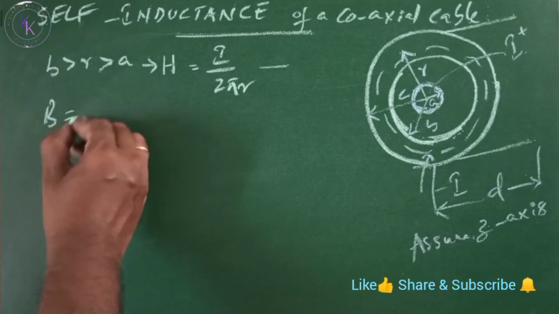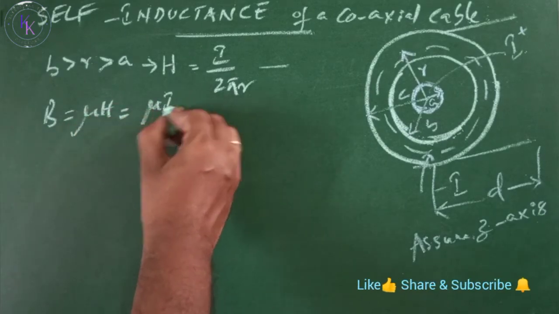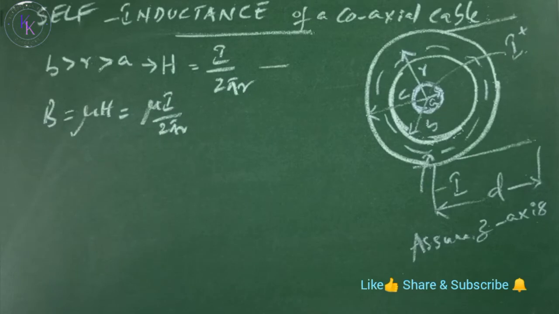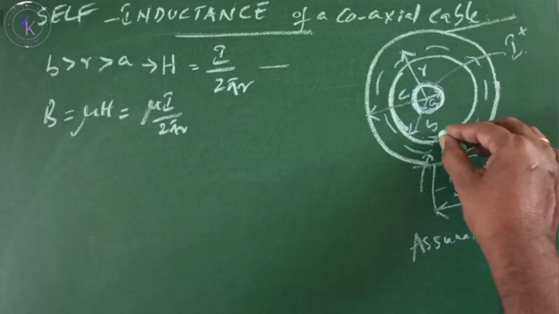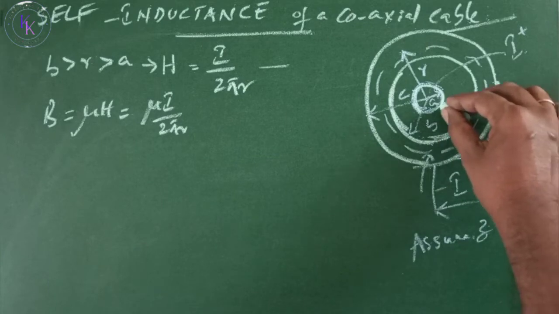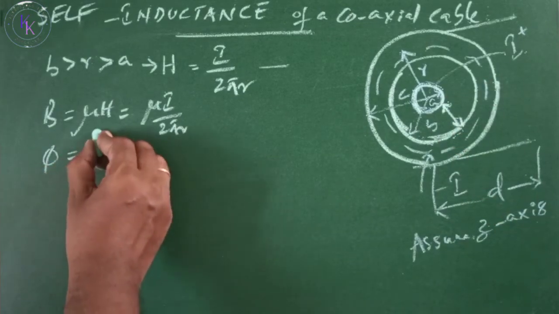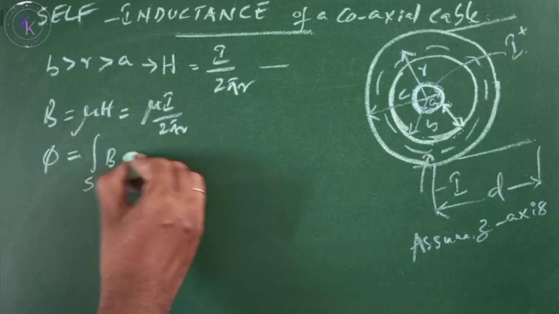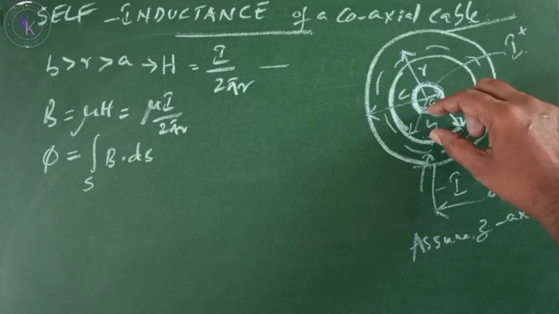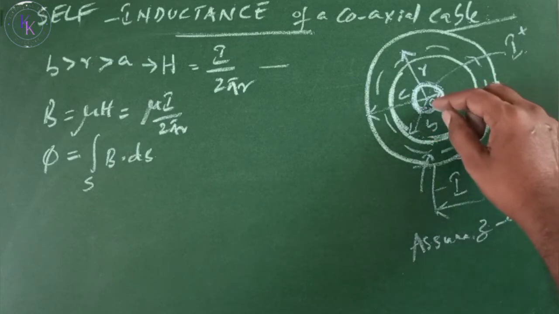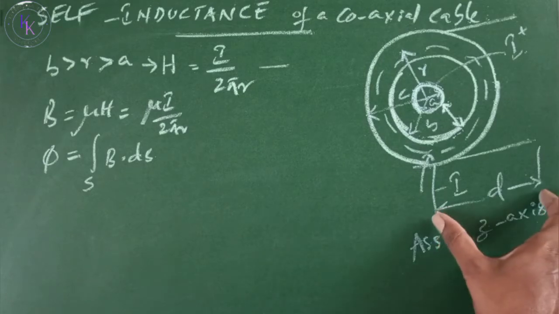B equals mu H, that equals mu I divided by 2 pi r, is the flux density in between the inner conductor and the outer conductor, that is in this space. Now, the flux phi is given by the integral of B dot ds, and this flux remains in the entire cable in between the inner conductor and the outer conductor along the length of the cable z.